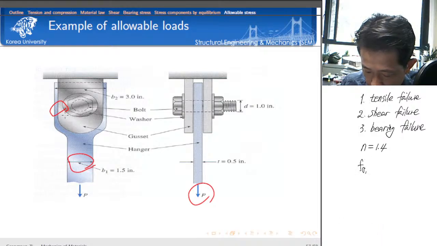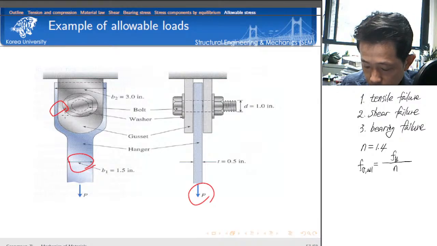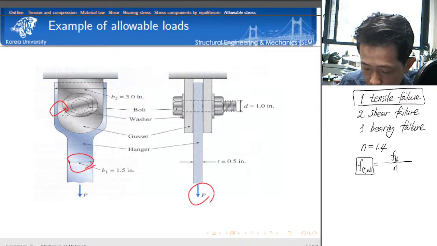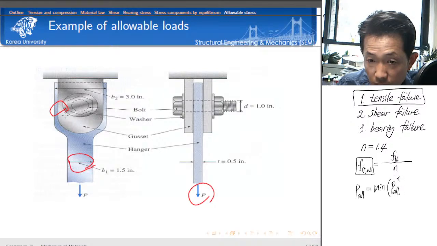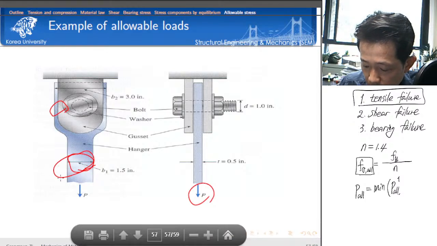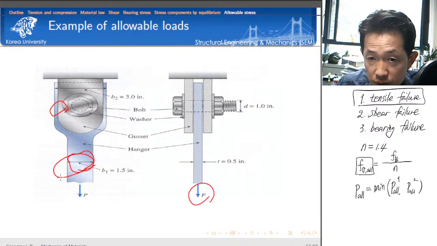So F sigma allowable is equal to the yield strength value Fy divided by the safety factor. Then we have this allowable normal stress value. For the tensile failure, my allowable force P is equal to the minimum of the tensile force: case 1 is using this area, and case 2 is using this cross-section area.